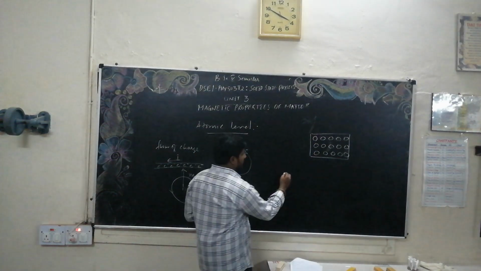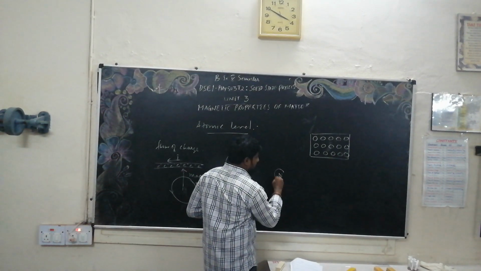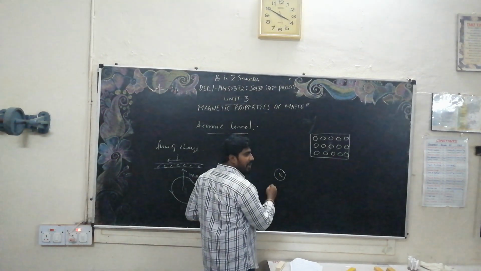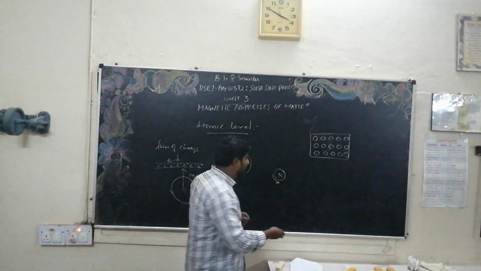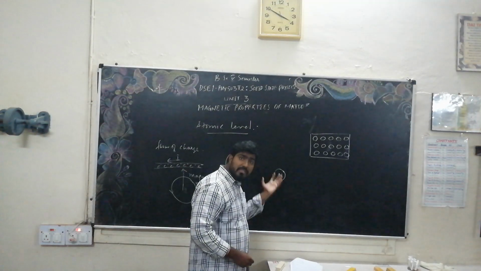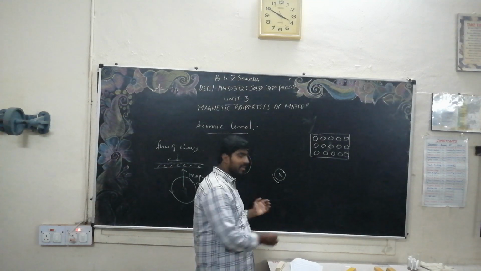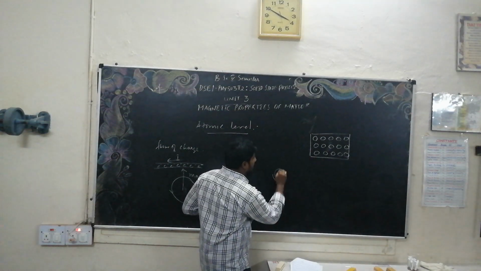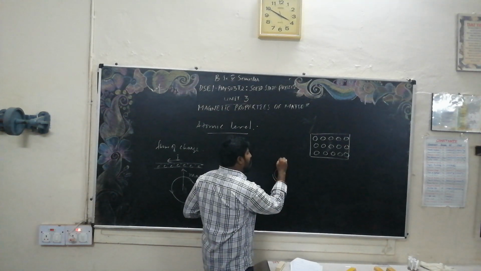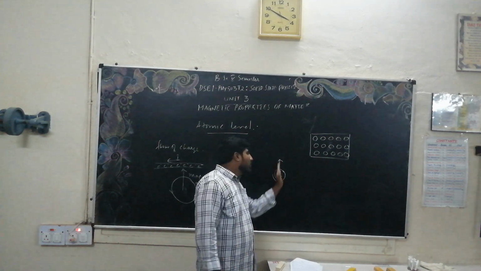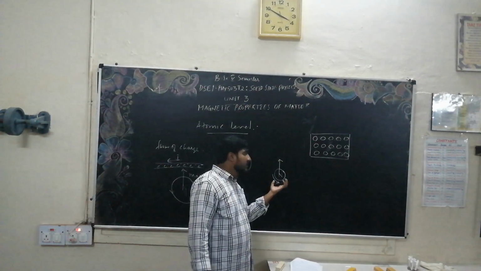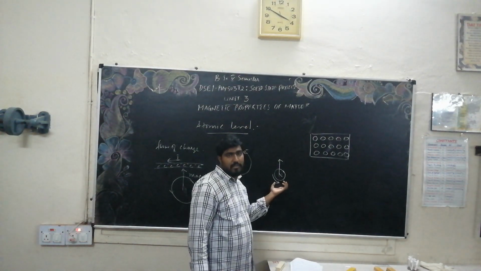This is the nucleus, which is spinning in this direction. Because of this spinning of the nucleus, a dipole moment exists. This is the dipole moment of this spinning nucleus.